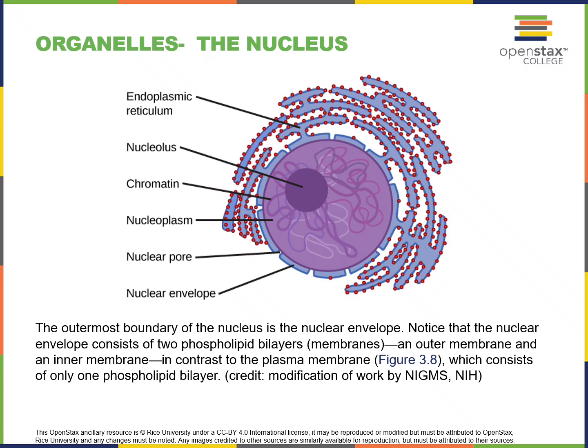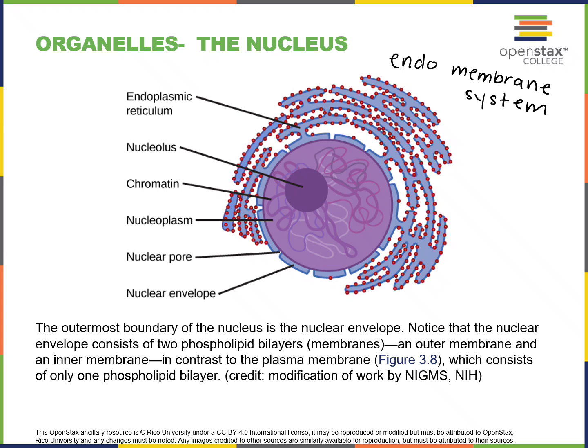So the nucleus is a part of what we call the endomembrane system. Okay, and the endomembrane system is basically just a group of membranes and organelles that work together to help the cell do what it needs to do.